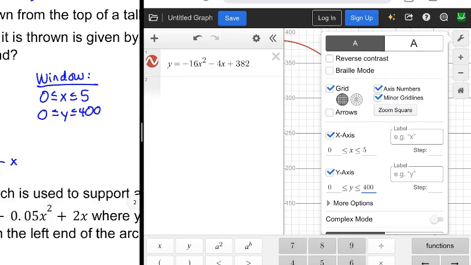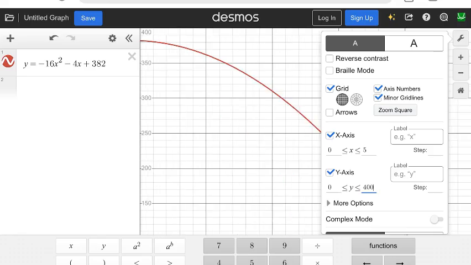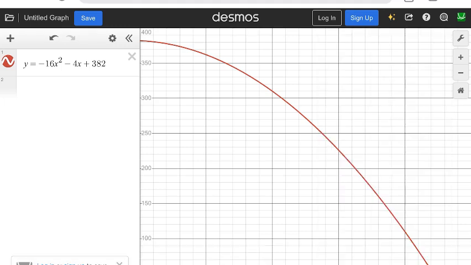I need to see that everybody has that in their Desmos. Let's see. Full screen. So it should look like that.